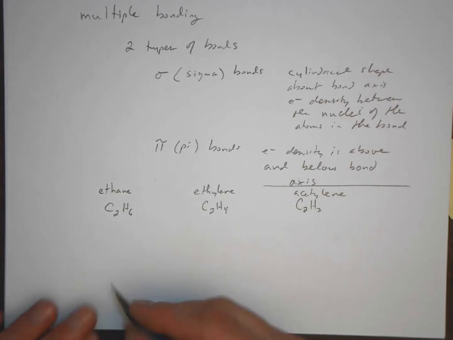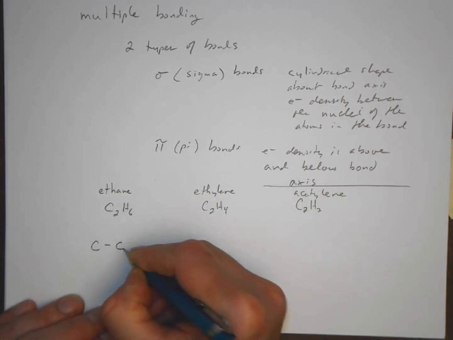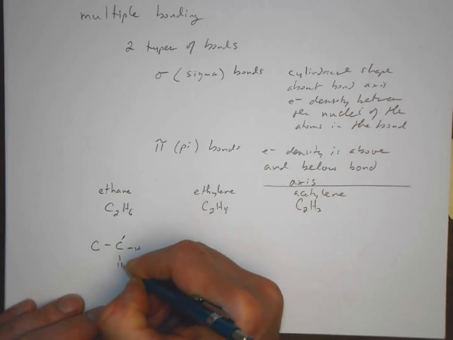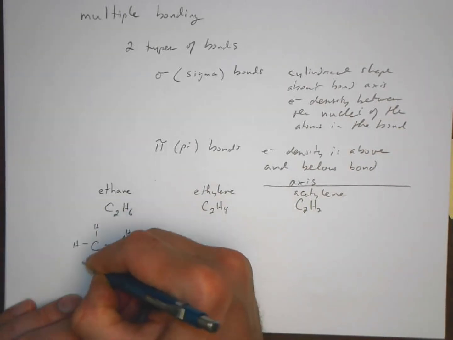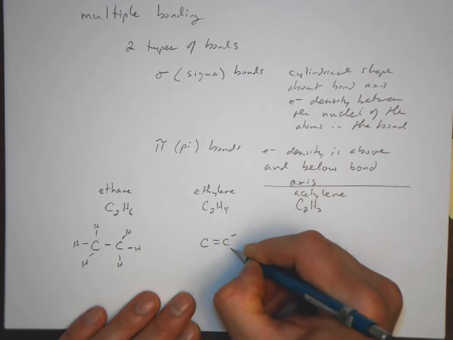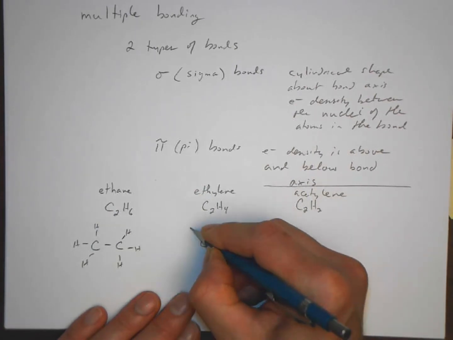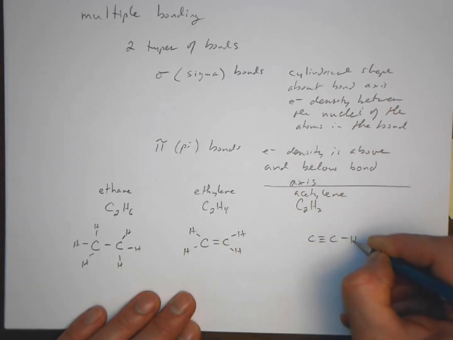All right. So let's draw Lewis structures for each of these. So in ethane, our best Lewis structure would look like this. For ethylene, like this. And for acetylene, we have a triple bond.